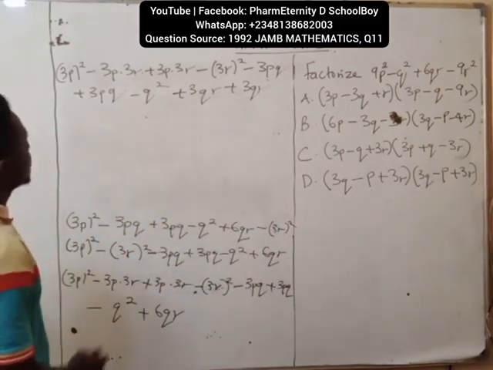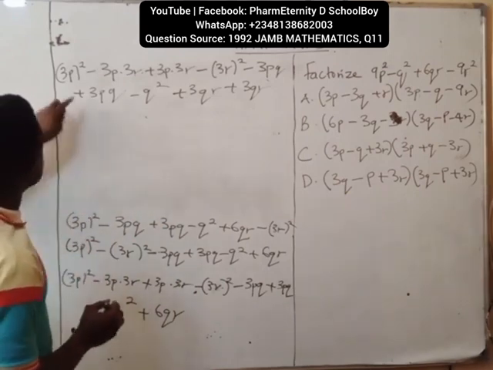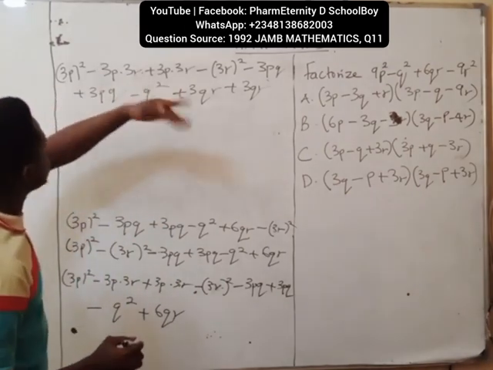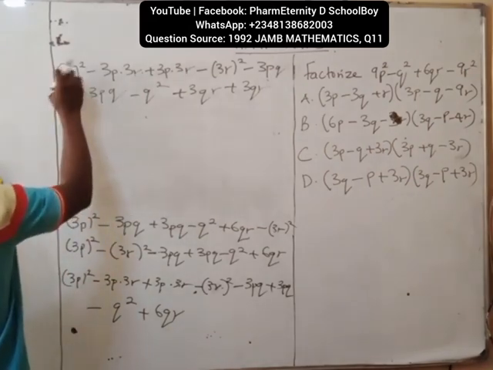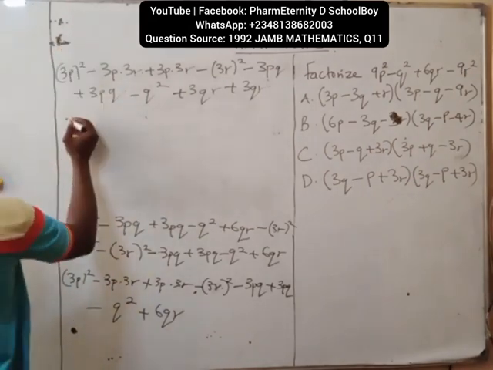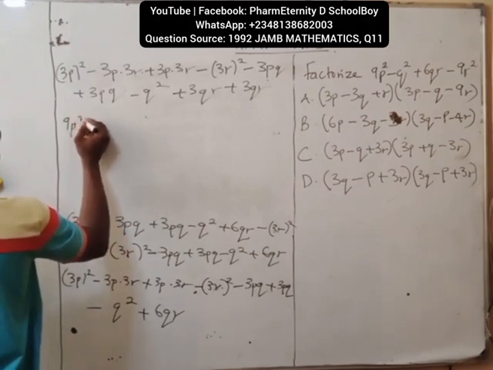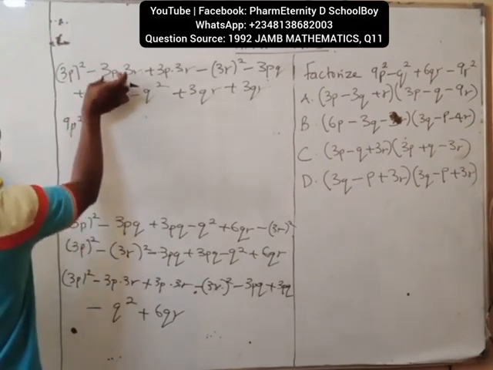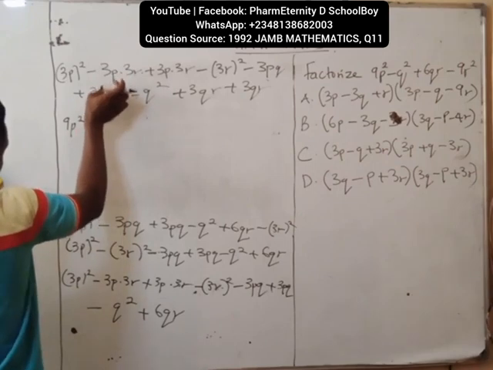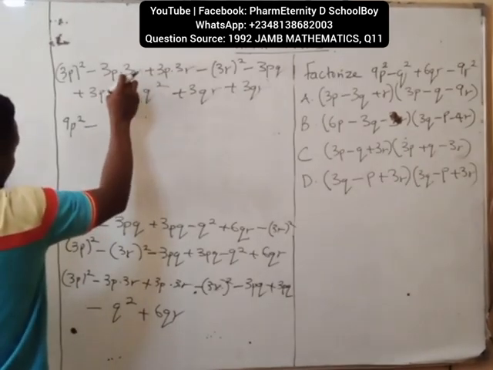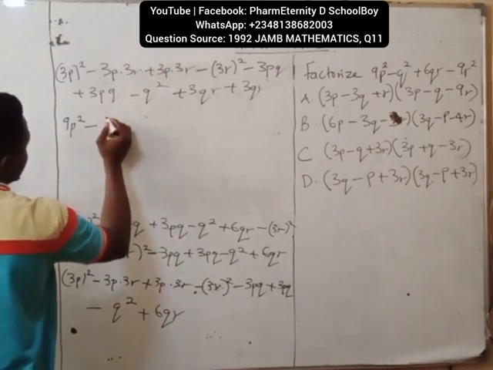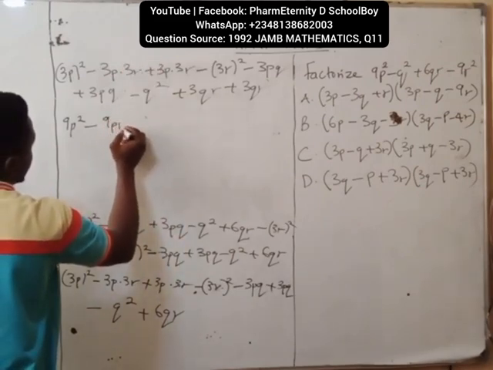Now let's remove all these dots and the brackets. We have something like this. 3p squared gives us 9p squared, minus 3p times 3r, where 3 times 3 is 9 and p times r is pr, so we have 9pr.